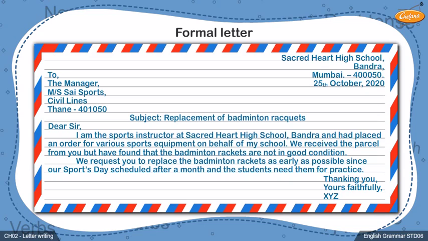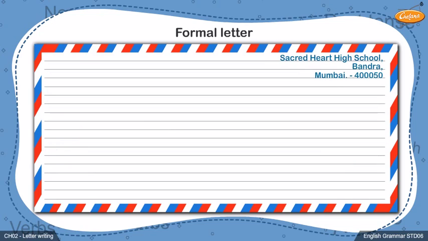So first, we start off with the sender's address, the date, and the receiver's address, who is your class teacher. Sacred Heart High School, Bandra, Mumbai, 400050, 25th October 2020.